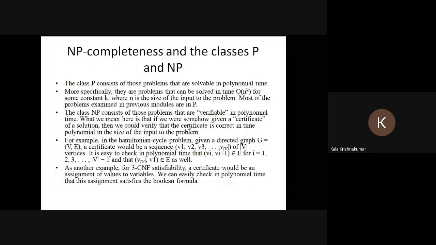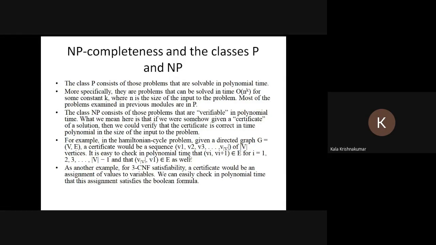So a possible certificate will be a sequence like V1, V2, up to Vn, where there are n vertices in the graph.